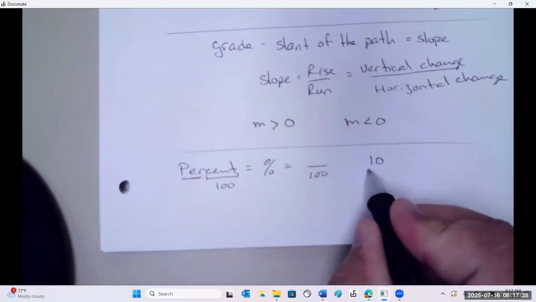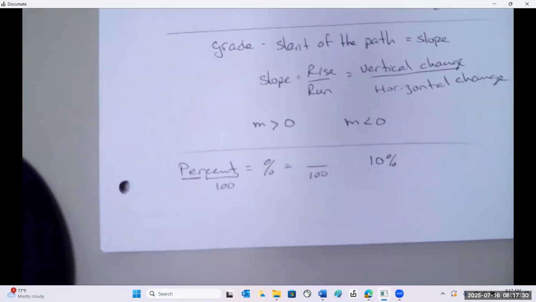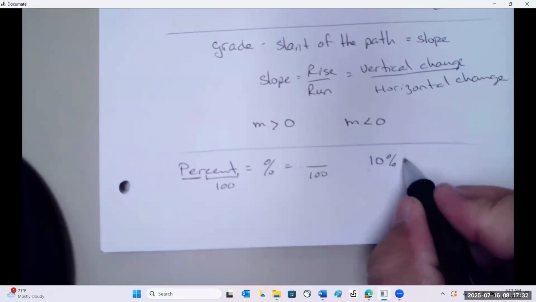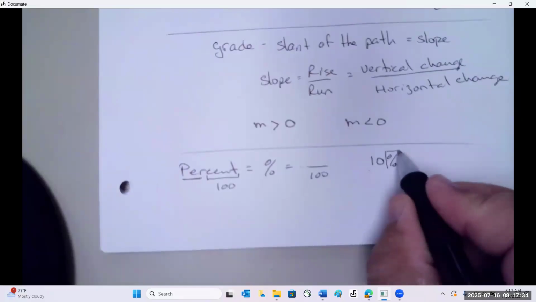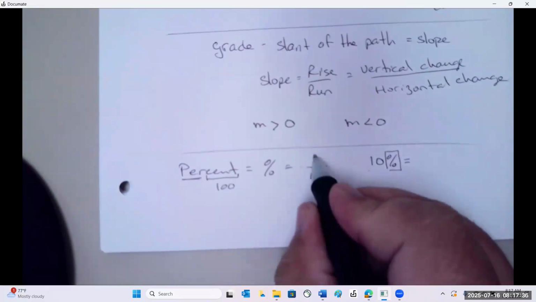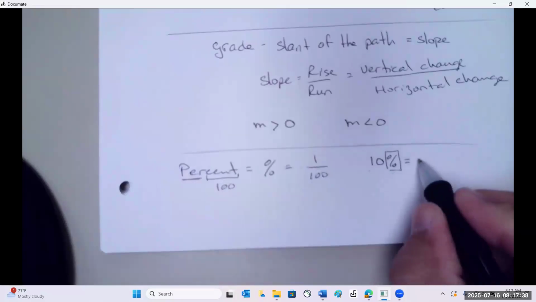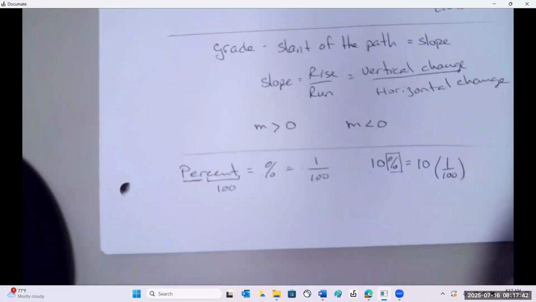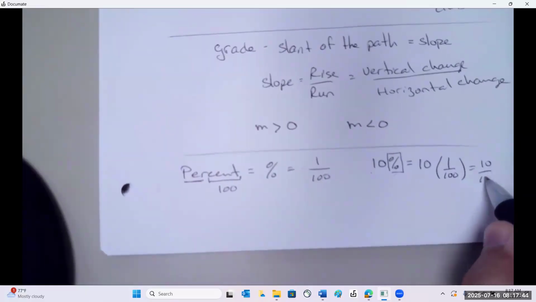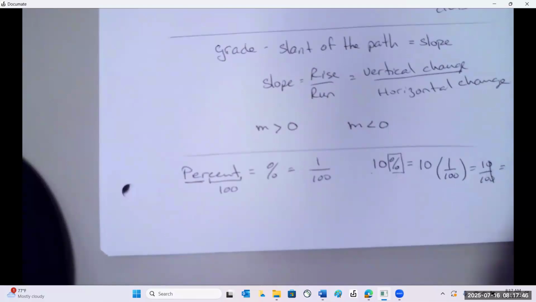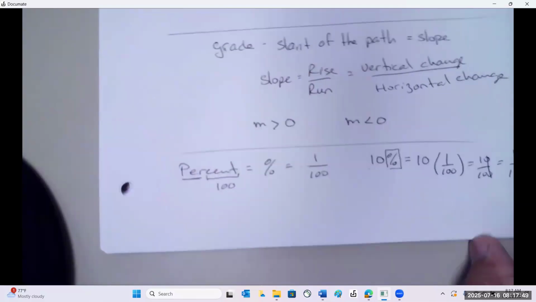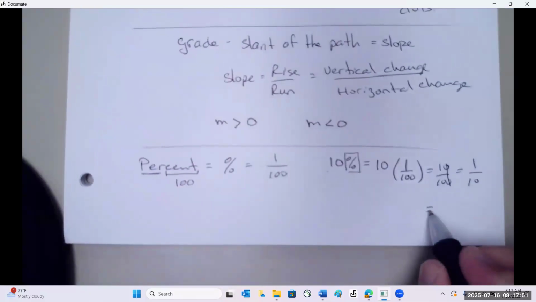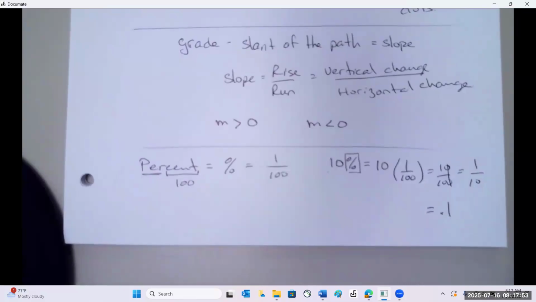Like 10%. Instead of the percent symbol being there, change the percent symbol to 1 over 100. Now we have 10 over 100, which is equal to 0.1.